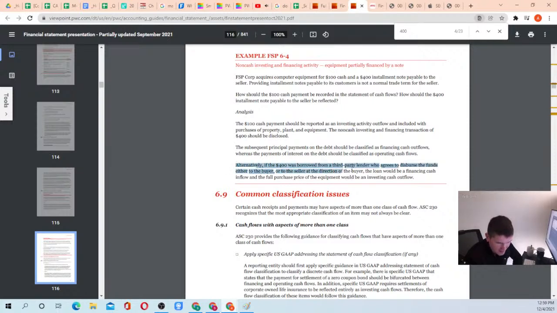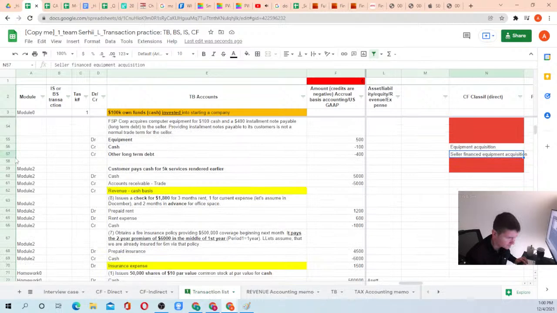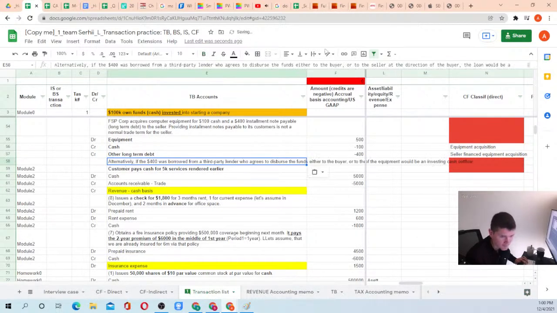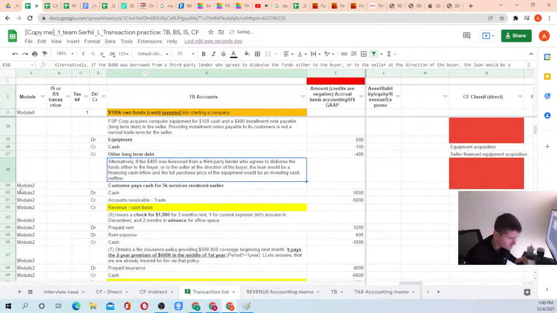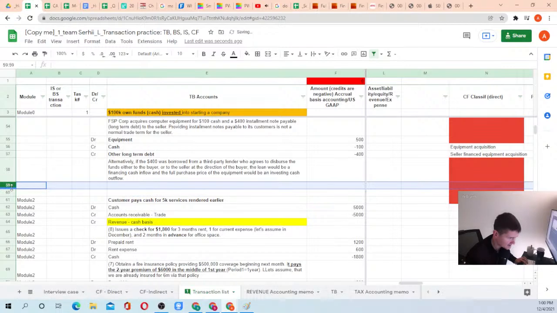Here is another transaction. It is the same description, but we got a borrowing on that transaction from the third party. So third party financed that transaction.